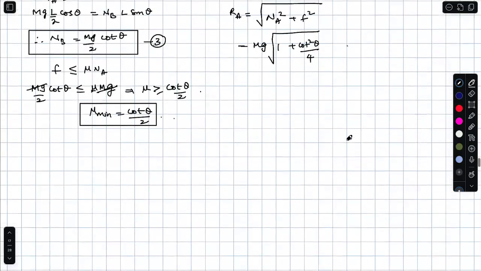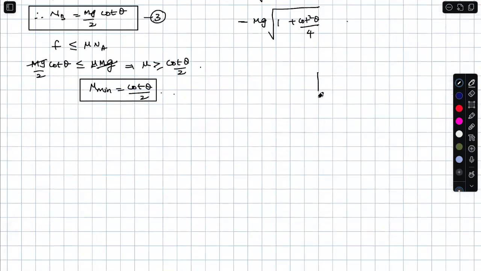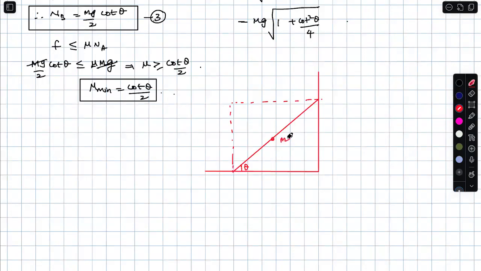In fact, honestly speaking, I am drawing the same situation again. You have the rod like this, and this is angle theta, right or not? That is angle theta. So actually, in such a situation, you have mg.